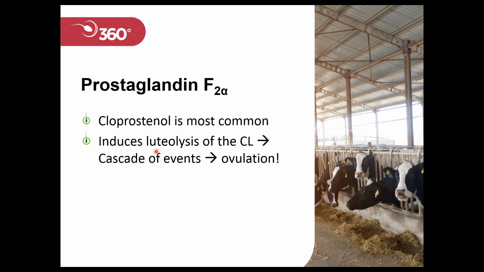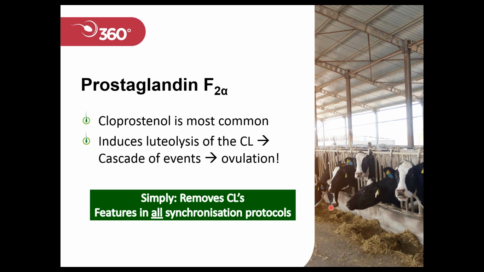Now, the main function of prostaglandin is that it induces luteolysis of the CL, which then causes a cascade of events such as the growth of the ovulatory follicle, increase in estradiol, and then the LH surge, which causes ovulation. But simply, the best thing to remember is that it removes CLs.